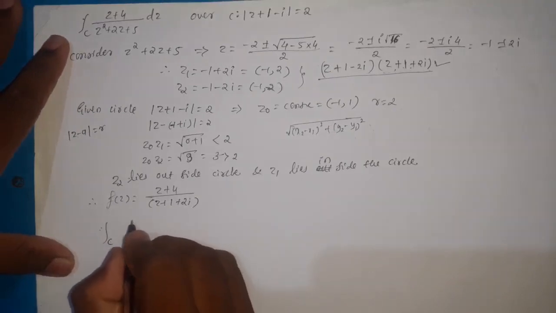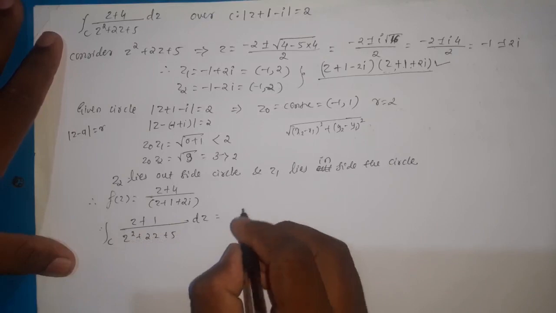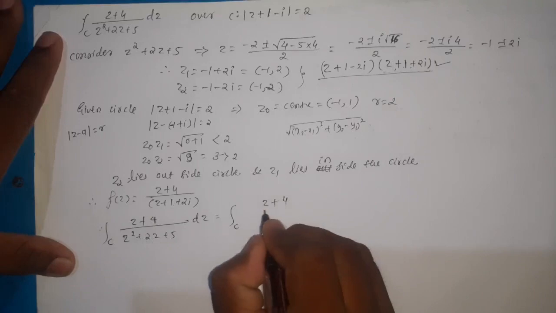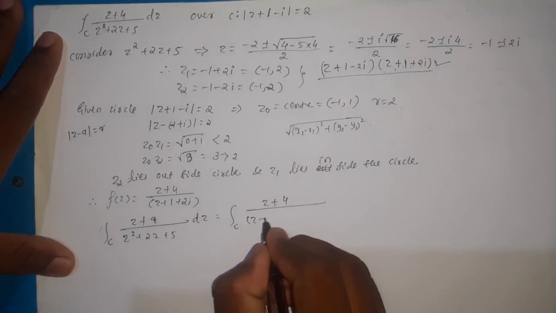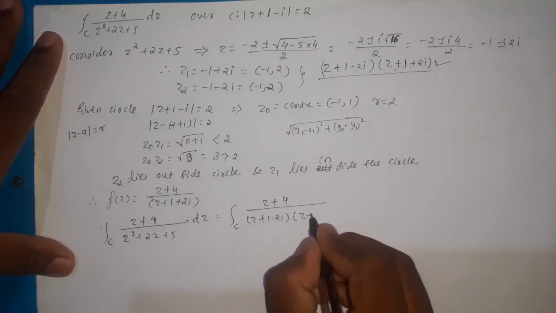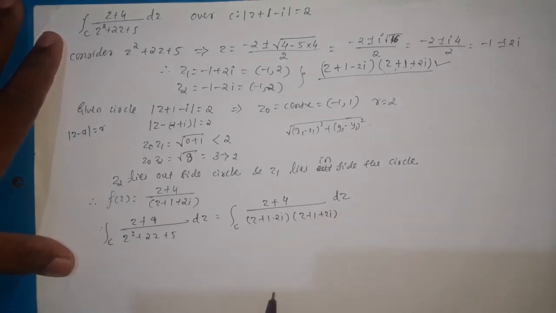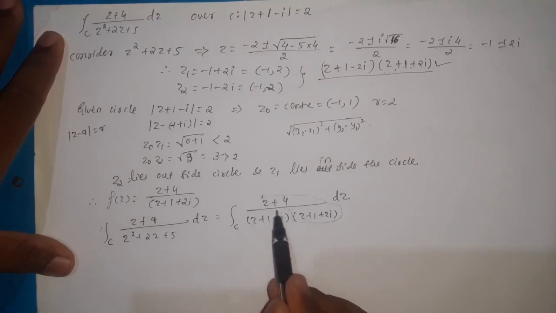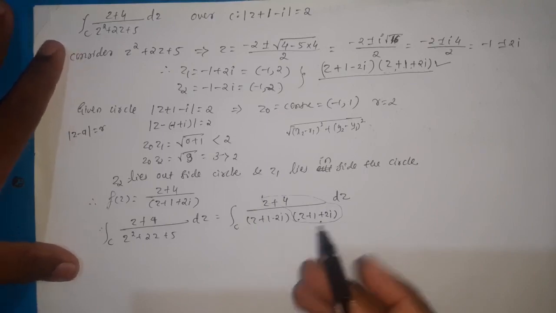Now the integration over c of z plus 4 divided by z square plus 2z plus 5 dz can be written as the integration over c of z plus 4 divided by the factors of this quadratic equation, z plus 1 minus 2i into z plus 1 plus 2i. And now we know that this part is called f of z because this denominator factor is included in f of z.